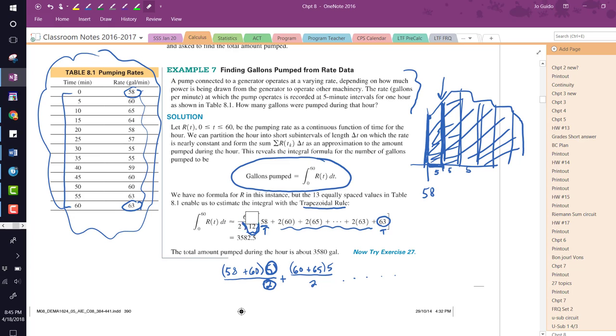So another way that you could think of this at the front is just the width of the interval and then that divided by 2. And then you've got that first height once, and then all the in-between heights times 2, and then that last height. And that gives you the estimate of how much was pumped during that hour.